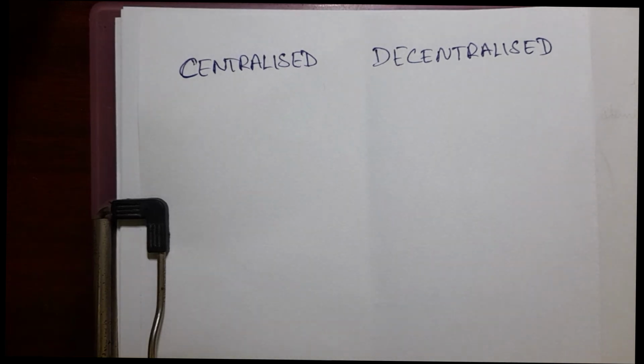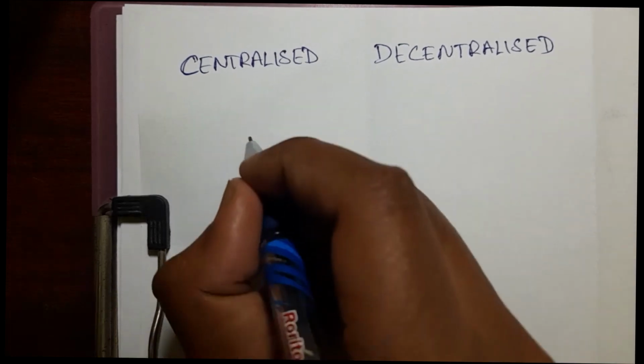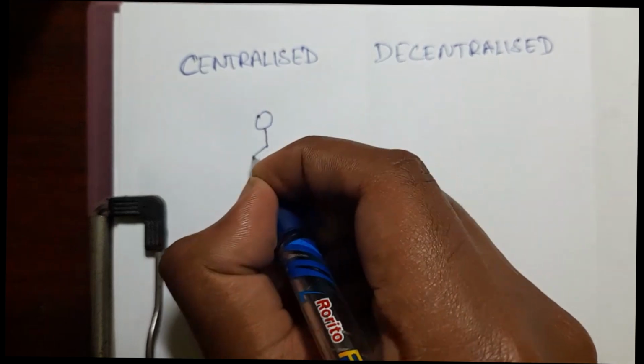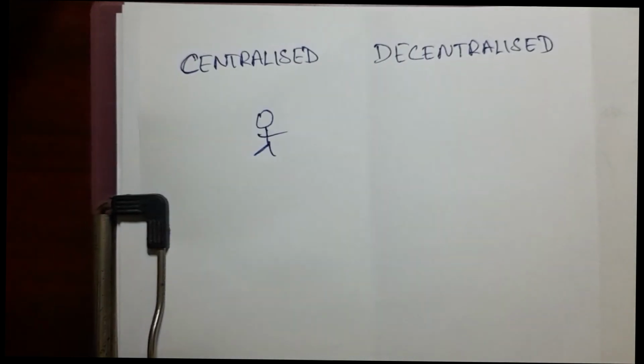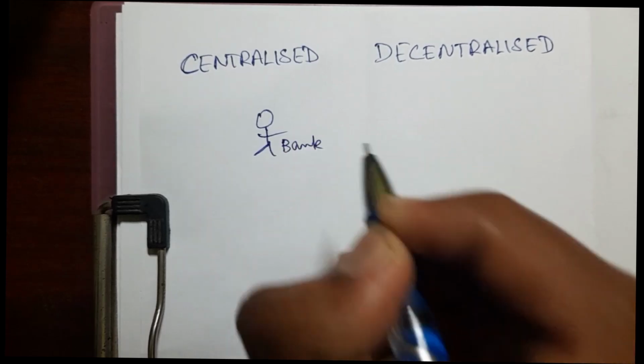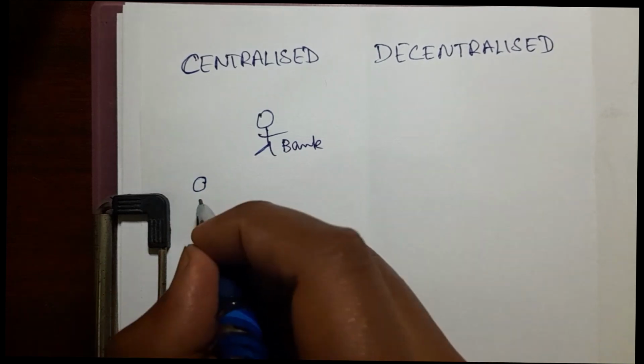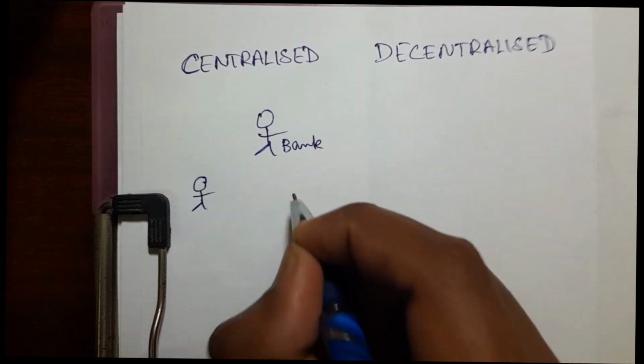Let's say there is a bank. I'm going to draw the bank just like a person, so it will be easy for me to draw. So this guy is the bank, and I'm going to take four more persons.